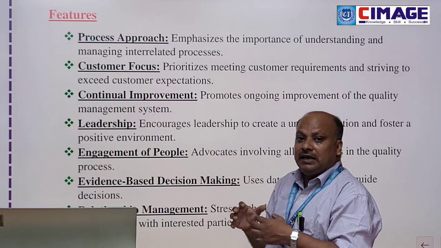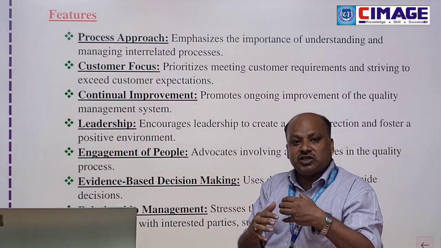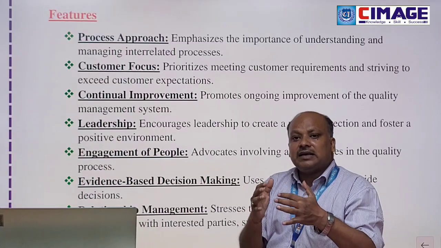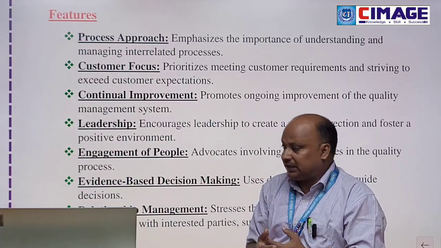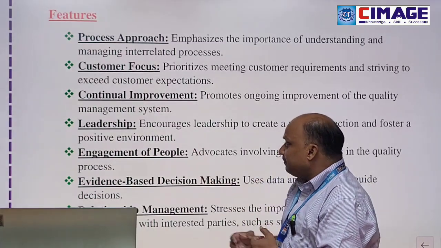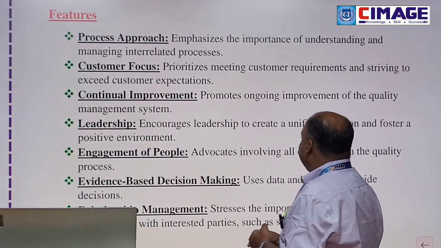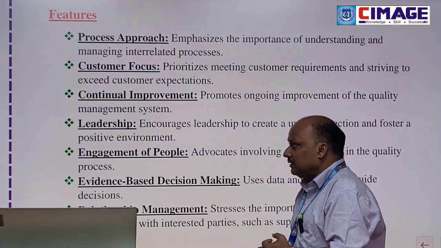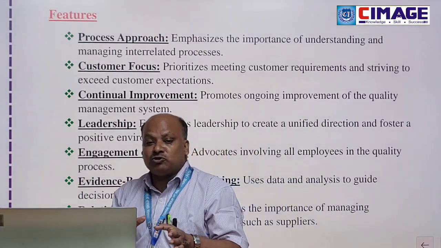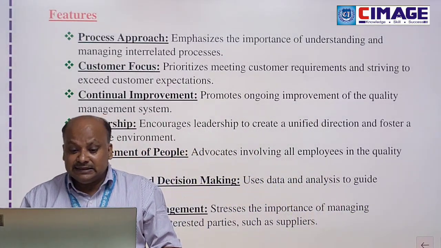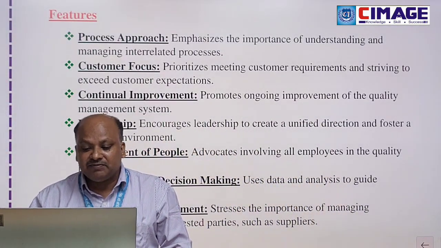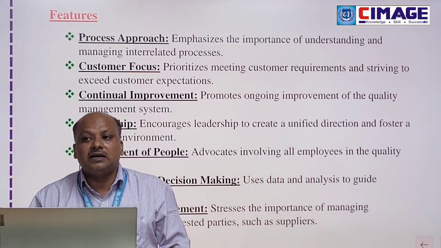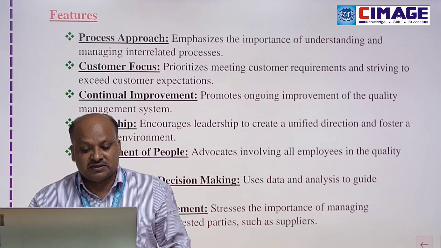Continual improvement: the organization is always looking for improvement, whatever is required to be improved at a particular time. Then leadership encourages creating a unified direction and fostering a positive environment. This plays a very crucial role. Unified direction is very much required in any quality process.